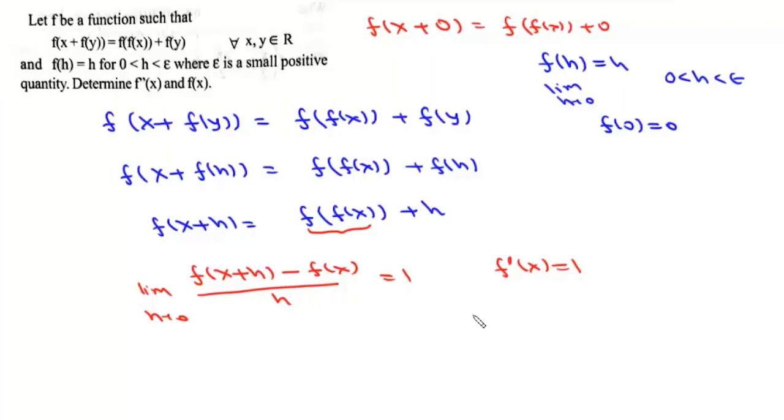Now we integrate this, we'll get f(x) equals x plus c. Now f(0) is 0. That means the value of f(x) is simply x. And that is the answer to this question.